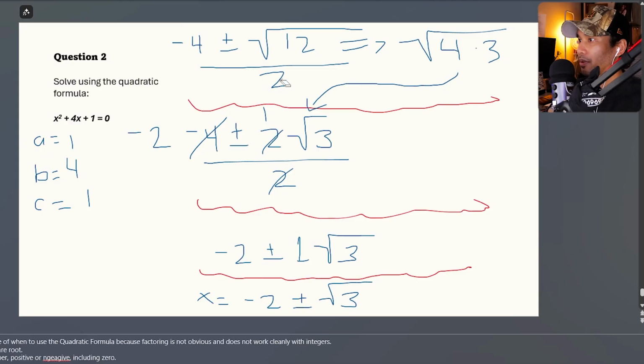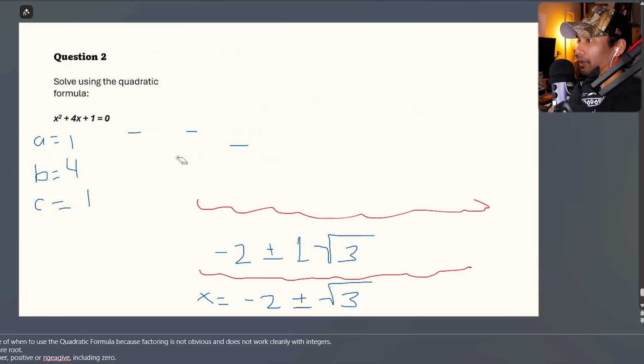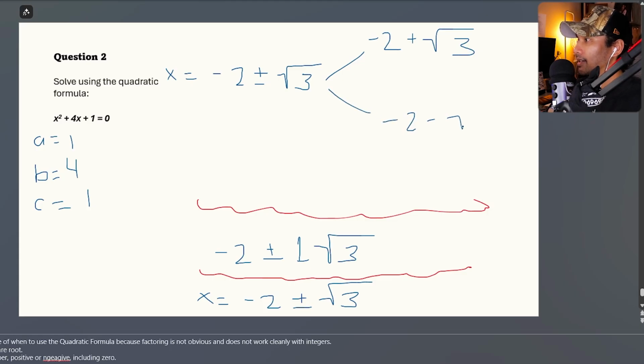If we did what we did last time, remember when I split the answer, I would have x equals -2 plus minus this, and I would go over here and go -2 plus square root 3, and then -2 minus square root 3. But we can't do anything to simplify anymore. So these are our final answers. It's just these two. X equals these.